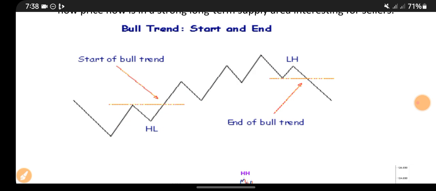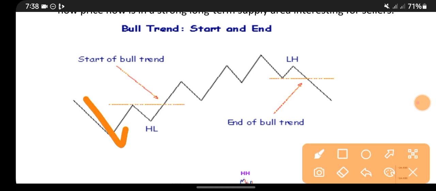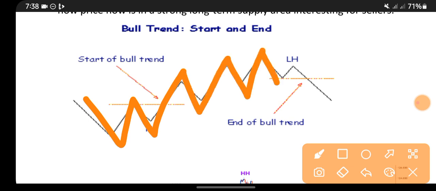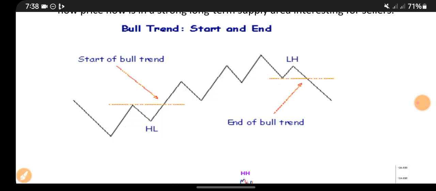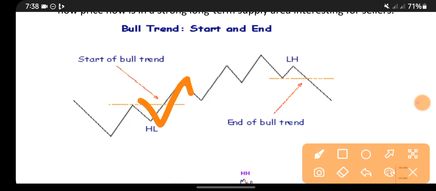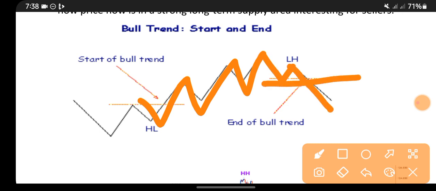So this happens when the price fails to create a new higher high, and then does something like this, comes here, breaks this one. Then that's it.